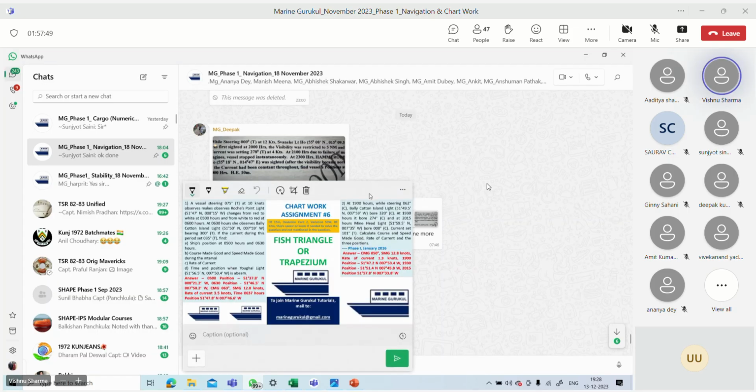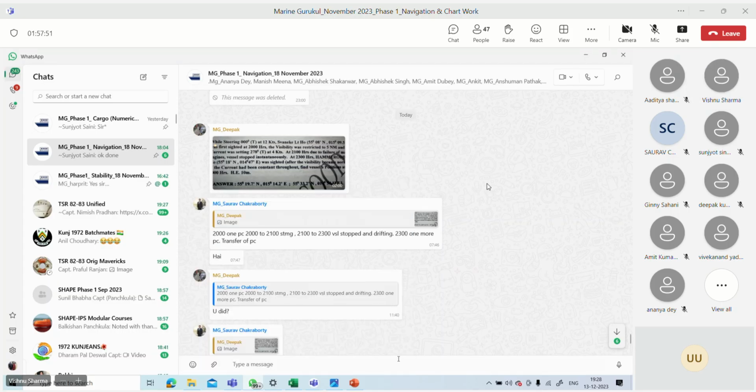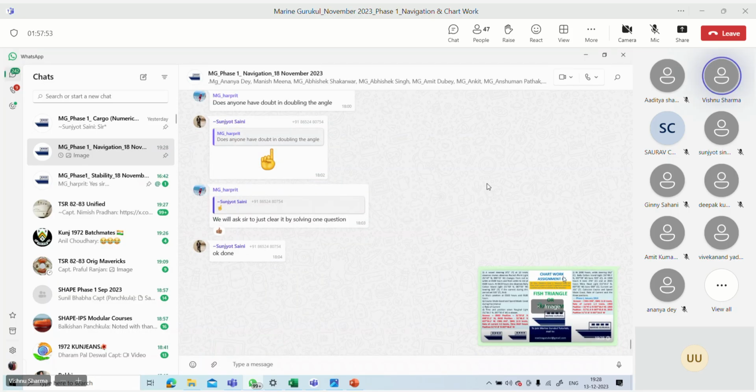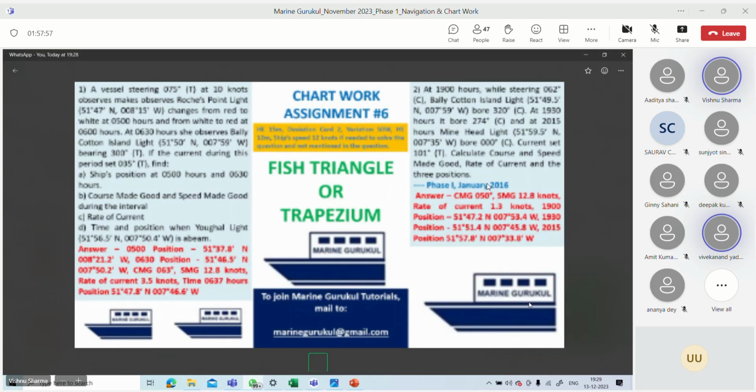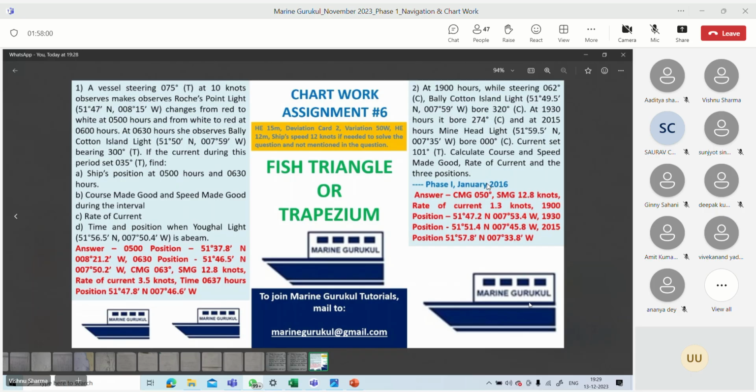This is the one fish triangle. Okay. It has 2 questions. I think first one we might have done. Has it reached you, beta? First one we have already discussed. You can plot and check.